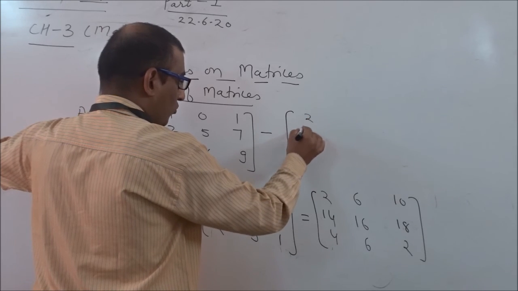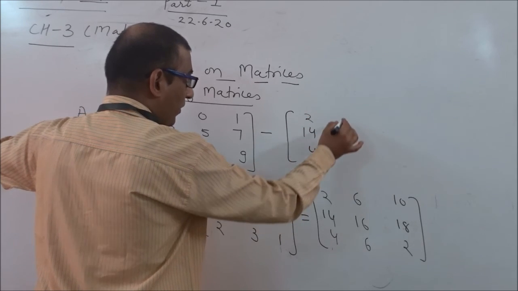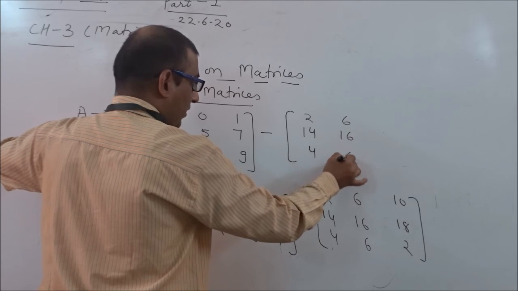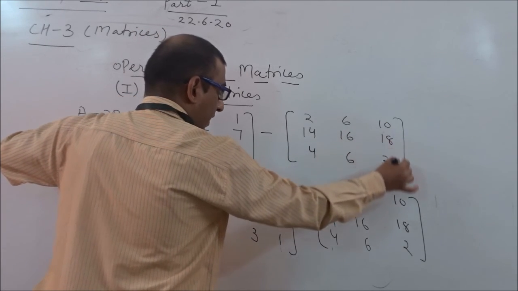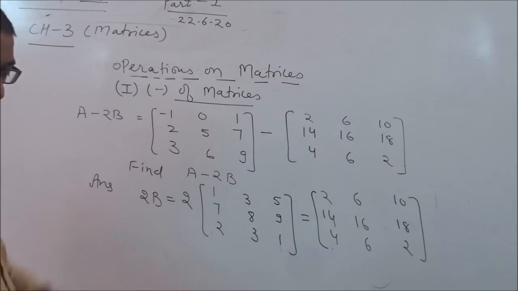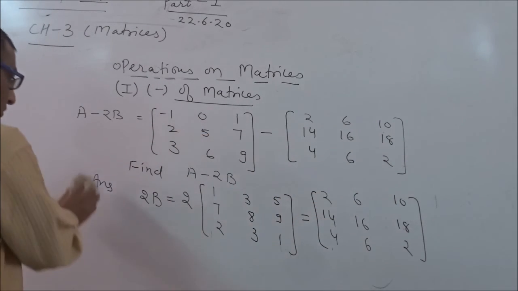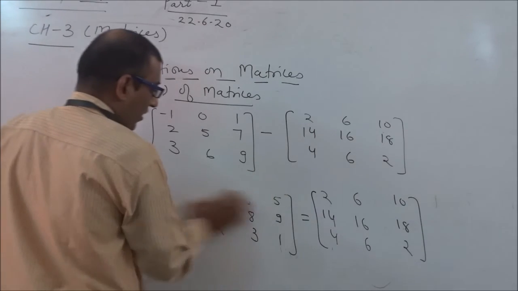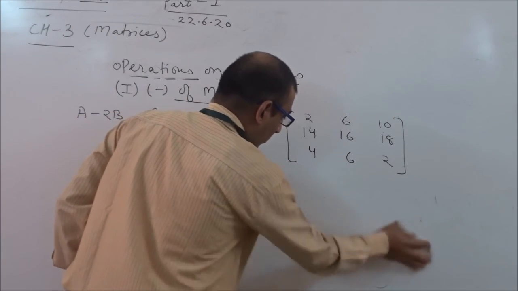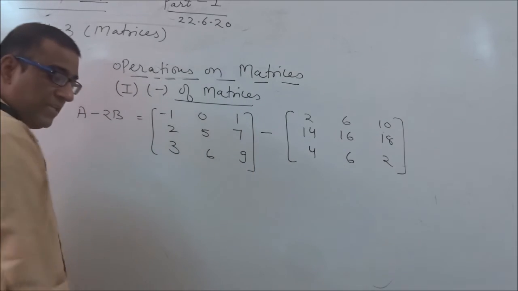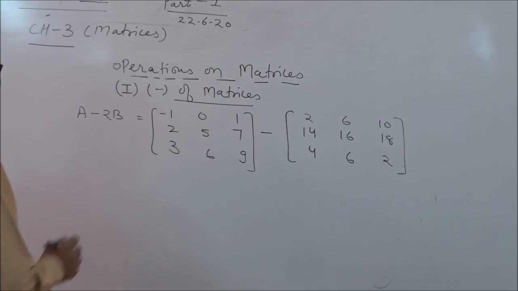This is your 2, 14, 4, 6, 16, 6, 10, 18 and 2. If you see both the matrices A and 2B, their order is the same, so subtraction is possible, otherwise subtraction is not possible. So again I am repeating, if the order of both the matrices is the same, then subtraction is possible, otherwise it is not possible.